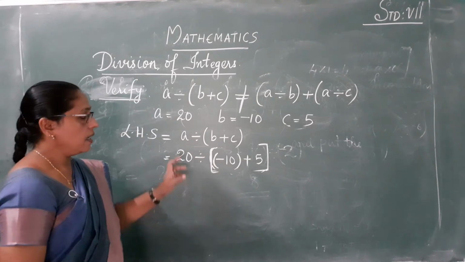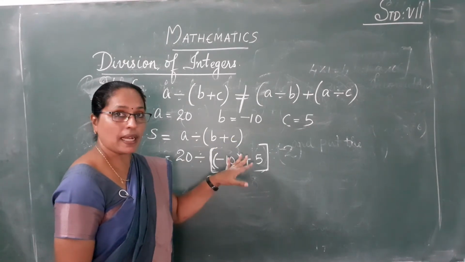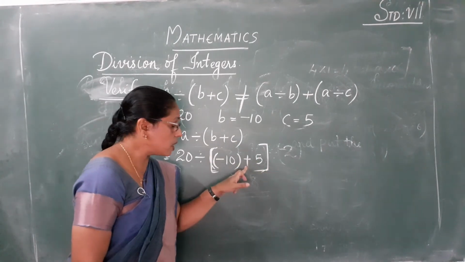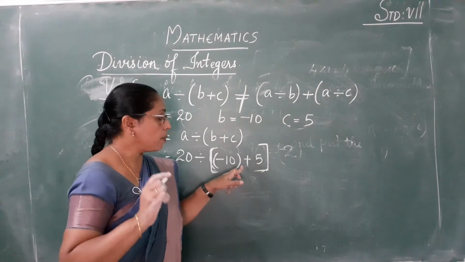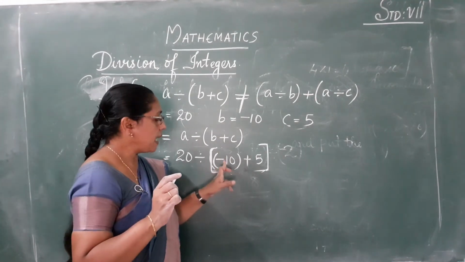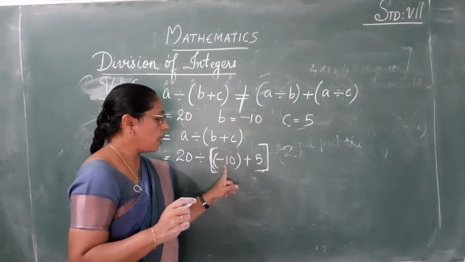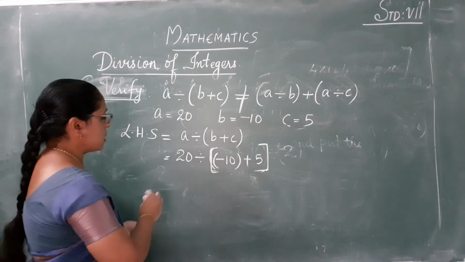What did I say? When we have brackets, solve the brackets first. Negative 10 plus 5. What is the operation? Yes, the operation is addition. When we have two integers with different signs for addition, we subtract and put the bigger number's sign.